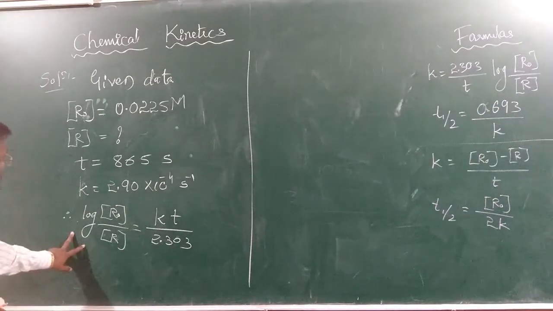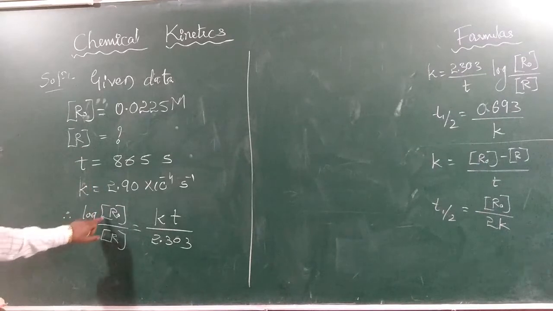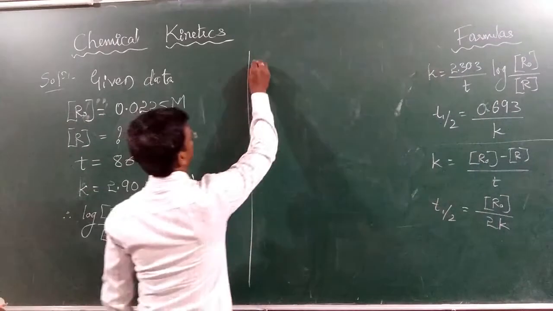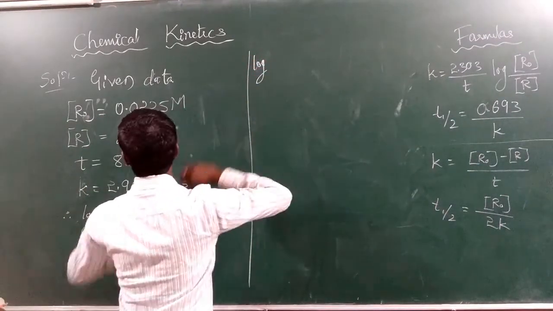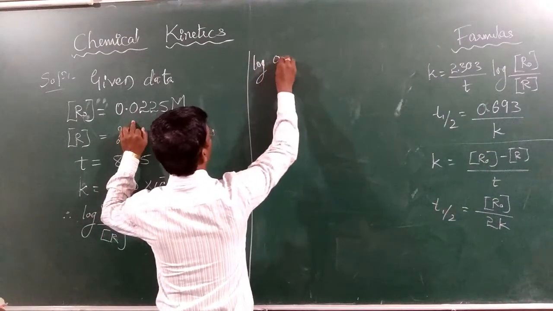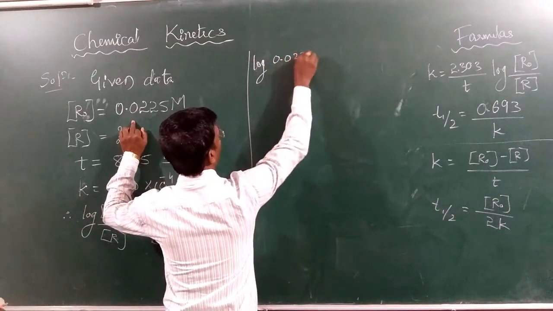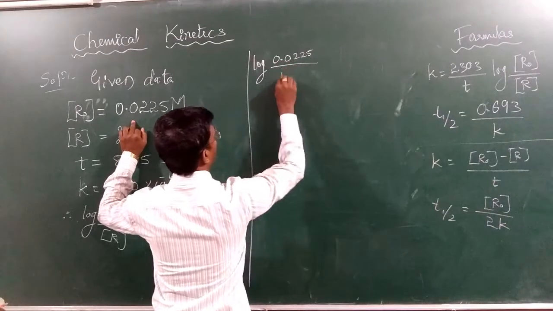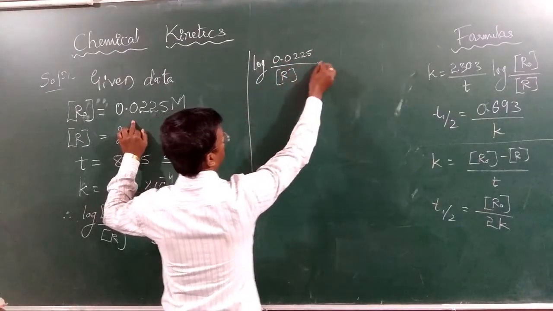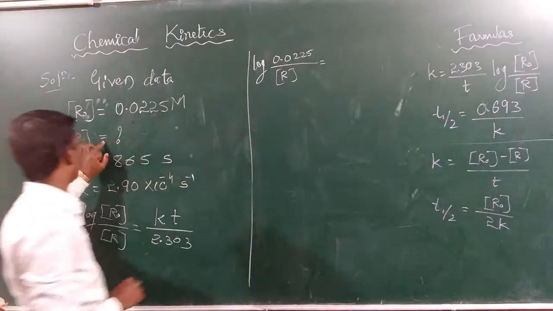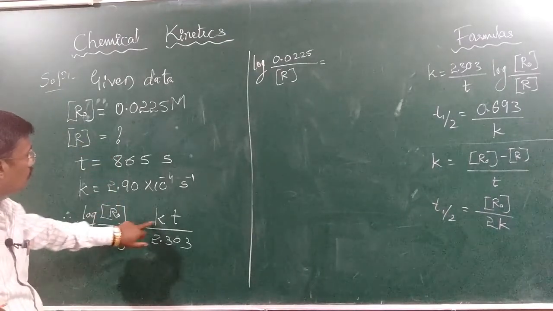So let's substitute the values. Log R naught is nothing but 0.0225 divided by the concentration of R as it is, because we don't know it and we have to calculate that, is equal to KT.